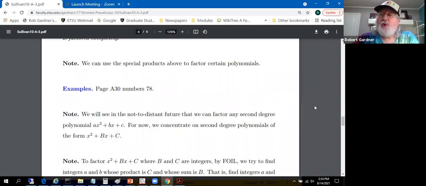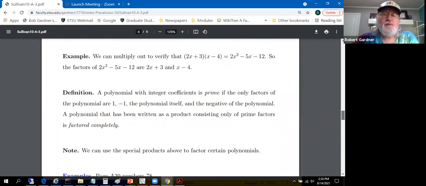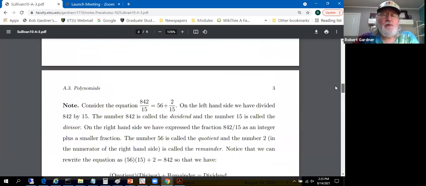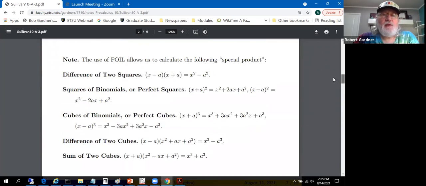So we had special products mentioned upstairs. X squared minus 9 is the question on the table. Does that look like any of these? Looks like this one. X squared minus 9. Or well, x squared minus 3 squared is what we have.